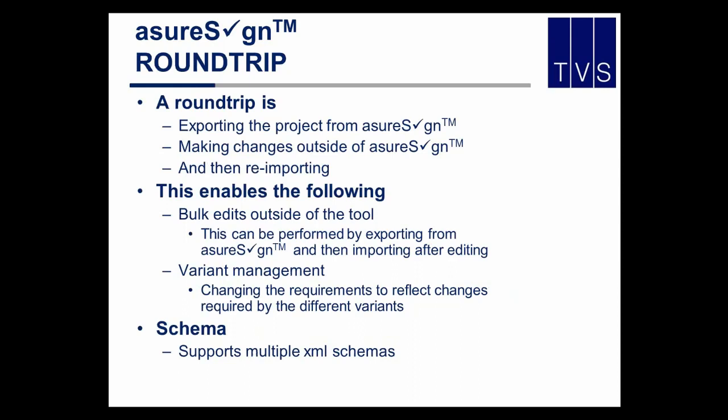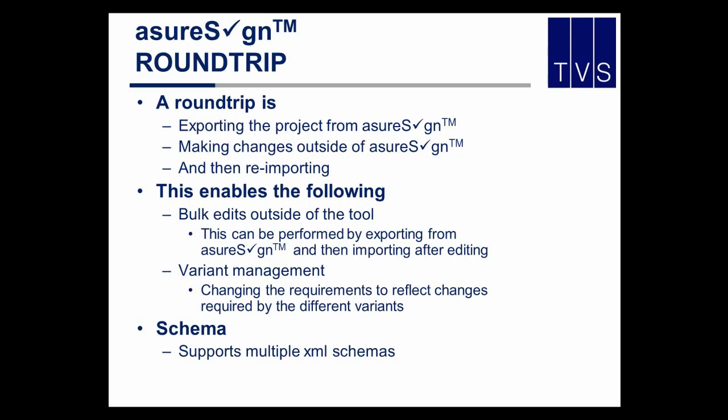Right, round tripping. This is quite an important part of the tool, I think. A round trip is where you can export the project from AsureSign. So you export essentially the main database information. You can therefore change that as a bulk change, edit, and then you can re-import it.